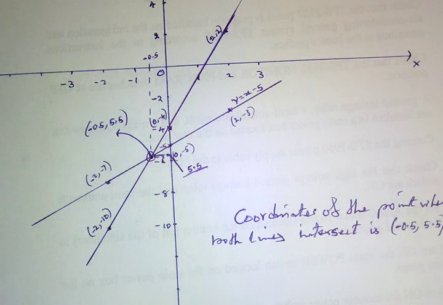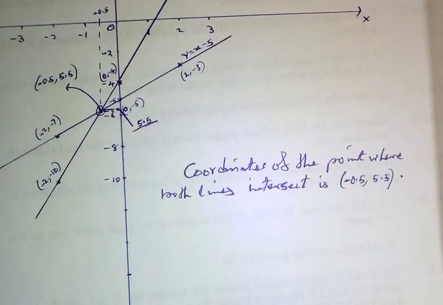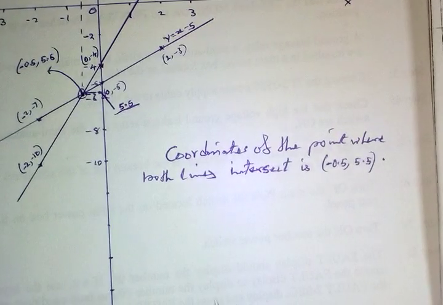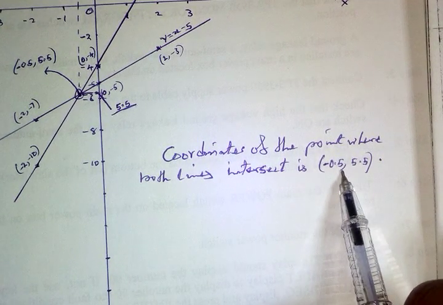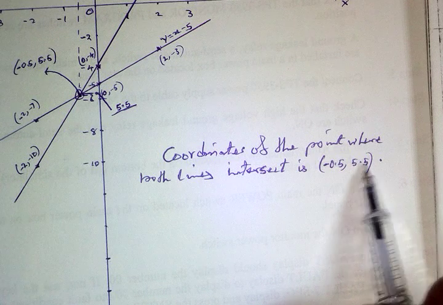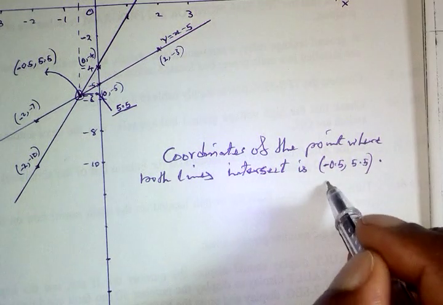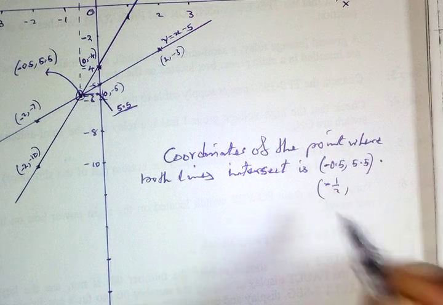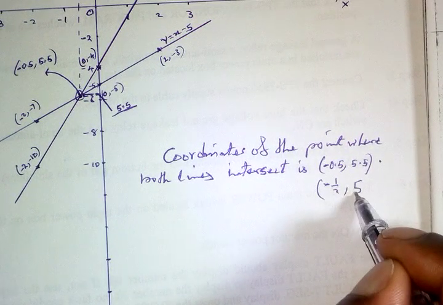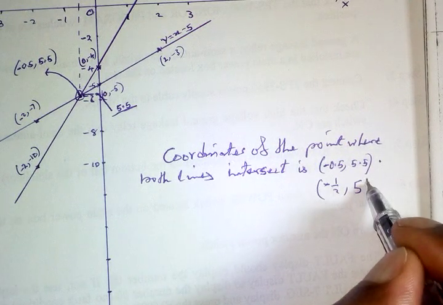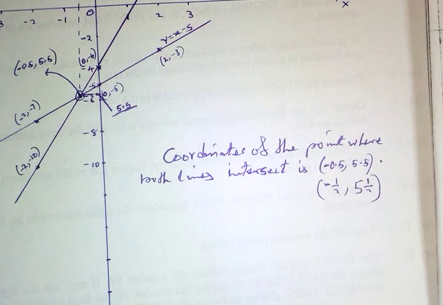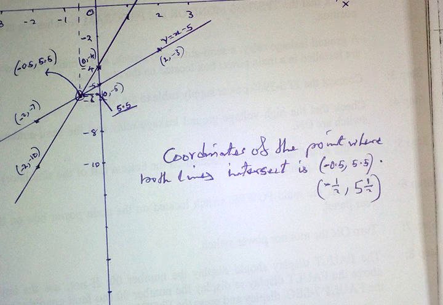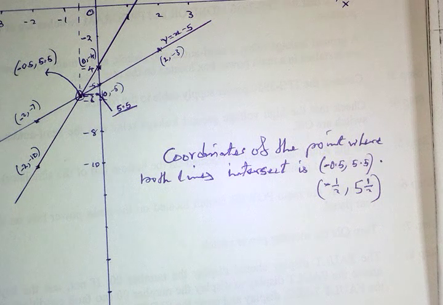So the coordinates of the point where both lines intersect is minus 0.5, comma 5.5. This can also be written as minus 1 over 2, comma 5 and 1 over 2. Okay, that could also be written in that format. So you can do the second one by yourself. Good luck.